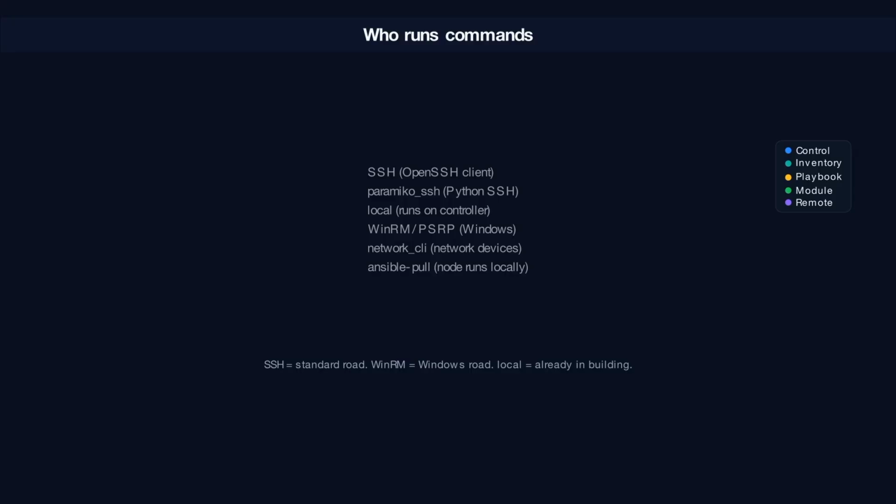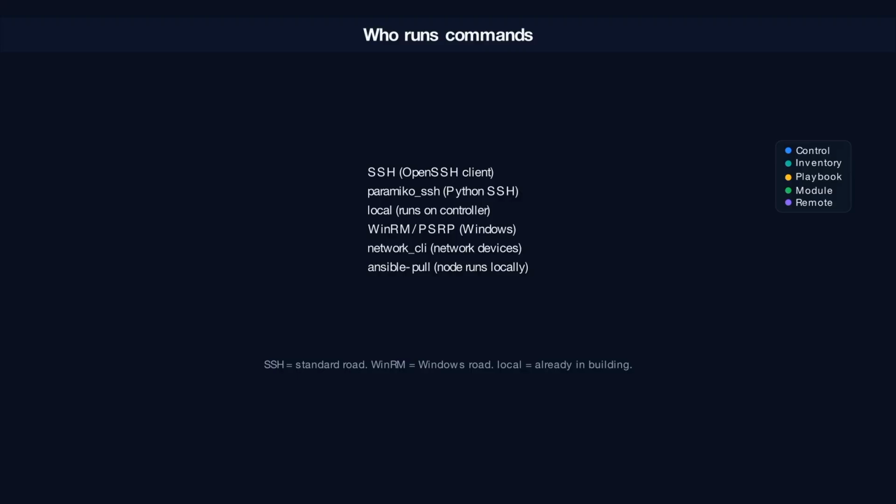Local means you're already in the building. Ansible-pull is the branch office running instructions locally after syncing. Examples: Linux fleet via SSH, Windows patching via WinRM, network appliance via network_cli or API-style plugin, CI runner using local, pull mode on edge nodes.